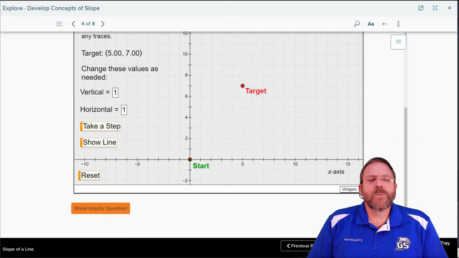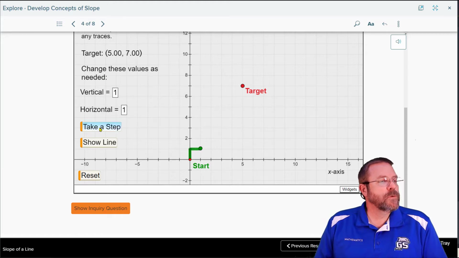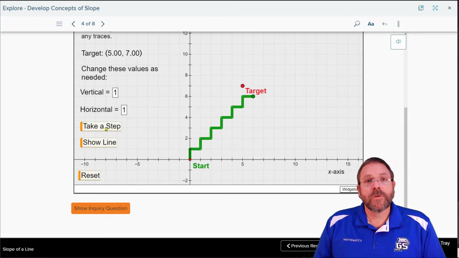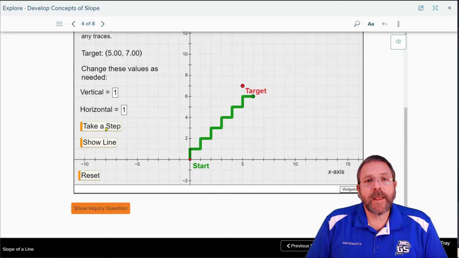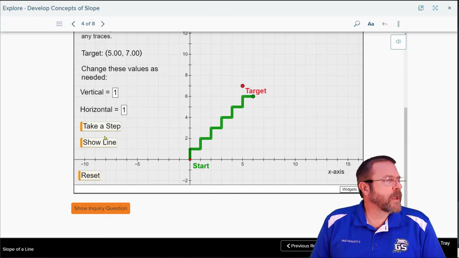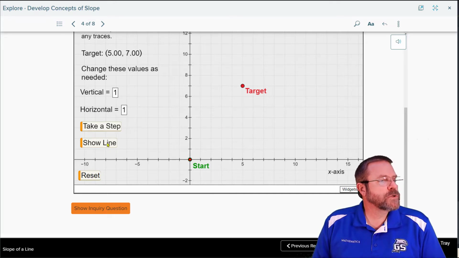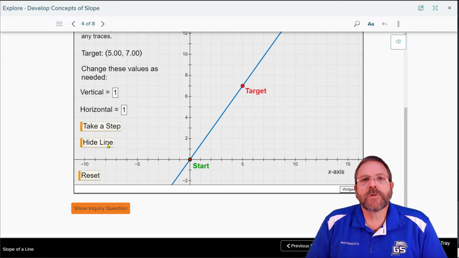But what if instead we use these 2 points? Now you can see that if we were to do the rise 1, run 1 all the way across, we're going to end up not hitting our target. So we need to come up with a different pattern. To help us come up with that pattern, I'm going to reset here, and I'm going to show the line that connects between the 2 points.